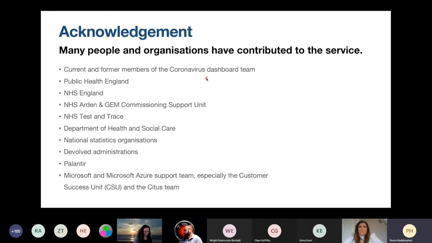And finally, we should really thank all the organizations who have helped us create the service, supplied us with data, and help us every day to make this thing possible.